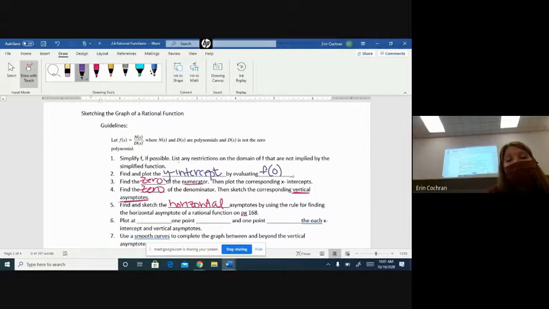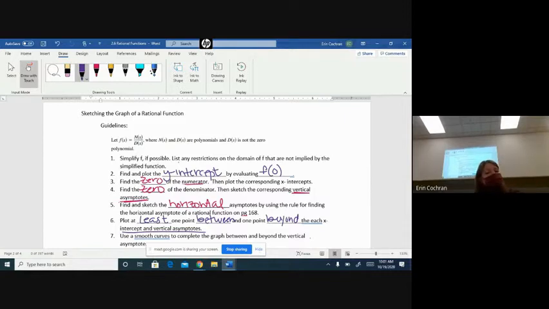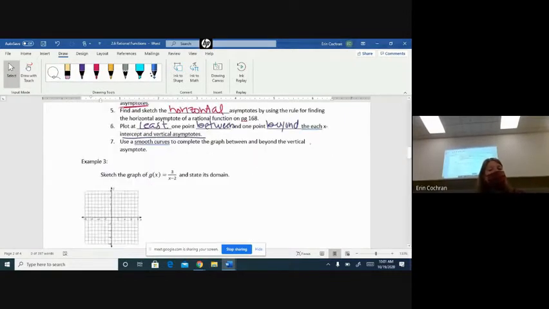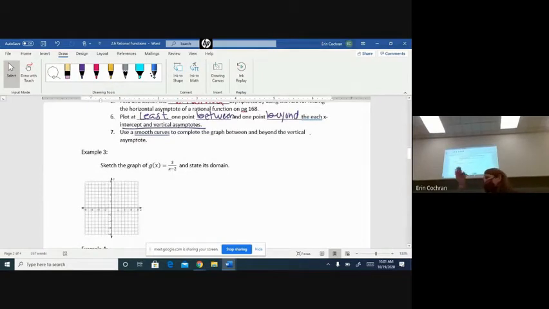And then we're going to plot at least one point between and one point beyond each of the x-intercepts and the vertical asymptotes. Okay. And then obviously use smooth curves to complete the graph, because they're rational functions, they have to be smooth, right? No zigzags, no sharp turns, anything like that. Okay.